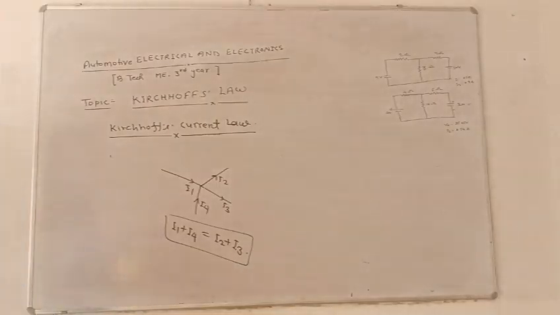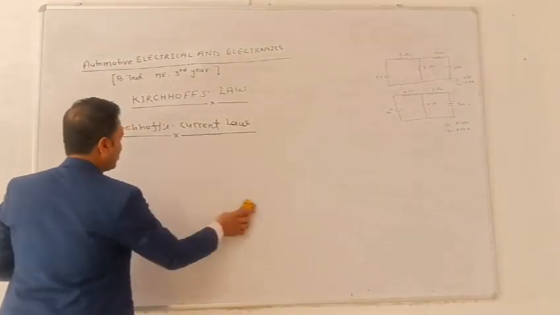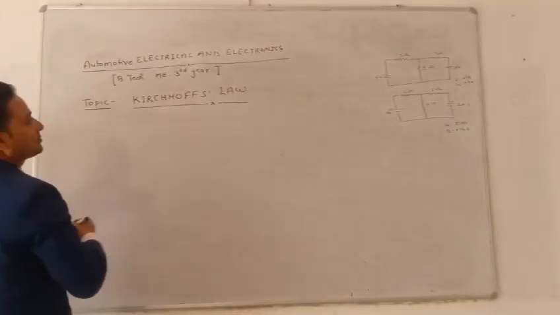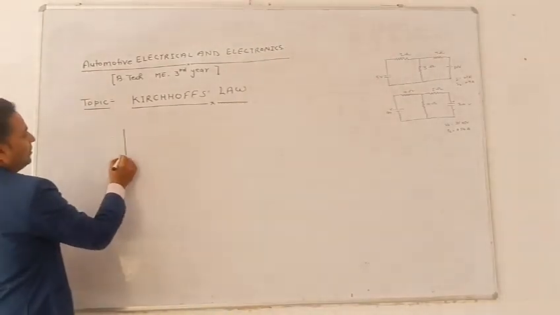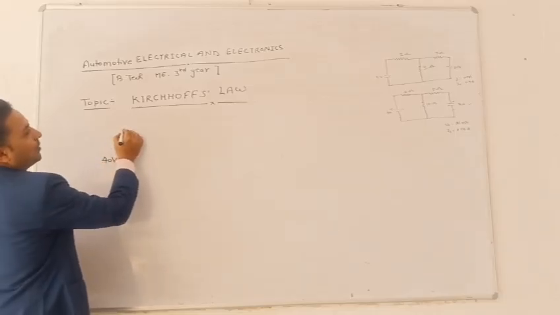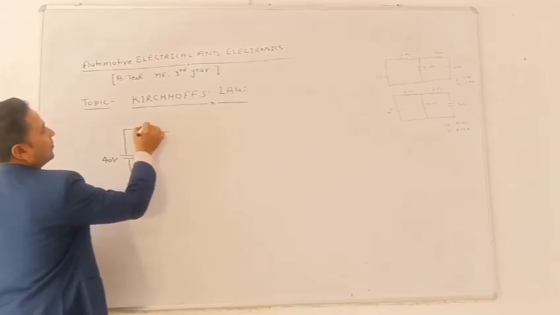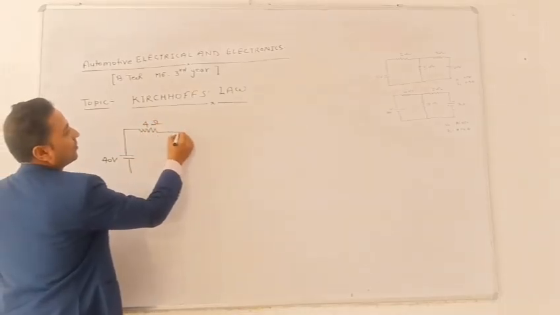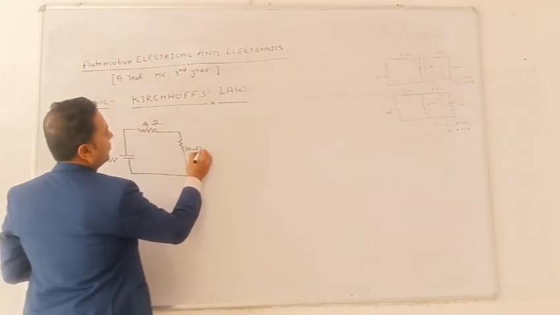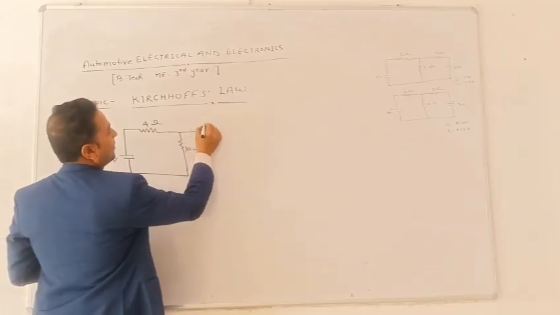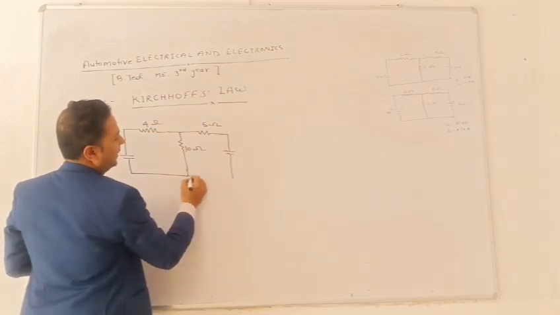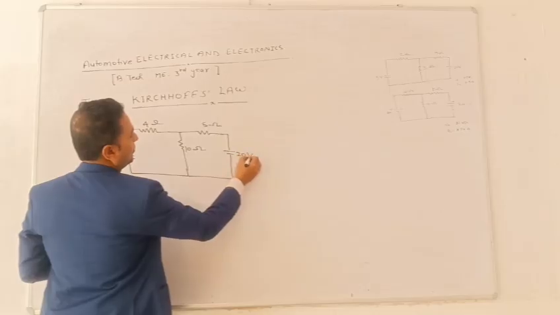Let's take an example of KCL and solve a numerical problem. Here we have 40 volt, 4 ohm, 10 ohm, 5 ohm, and a value of 20 volt here.